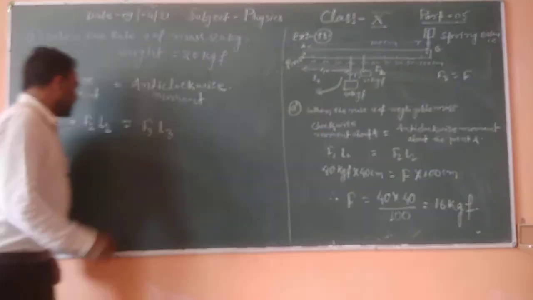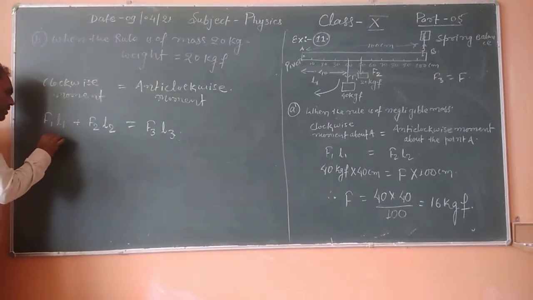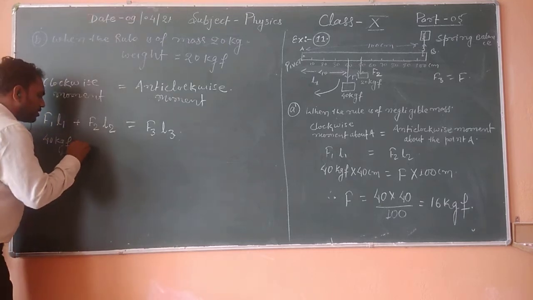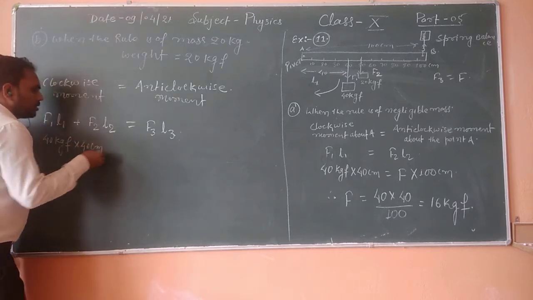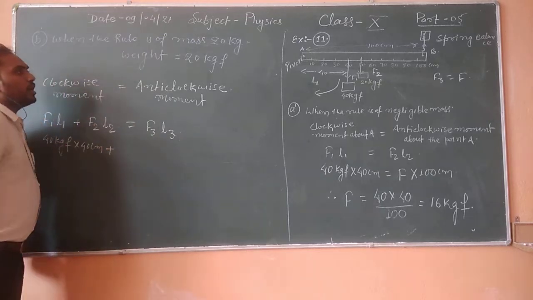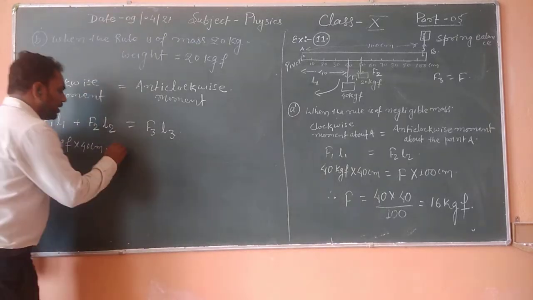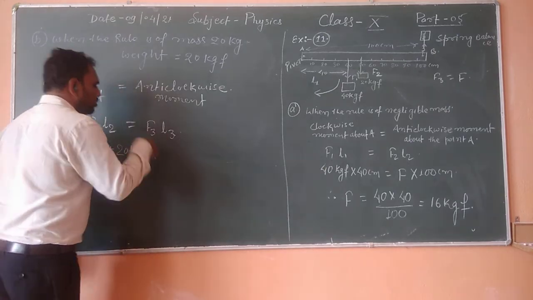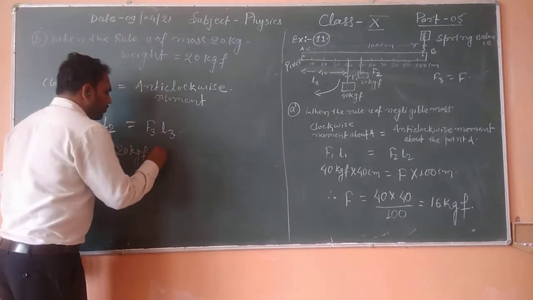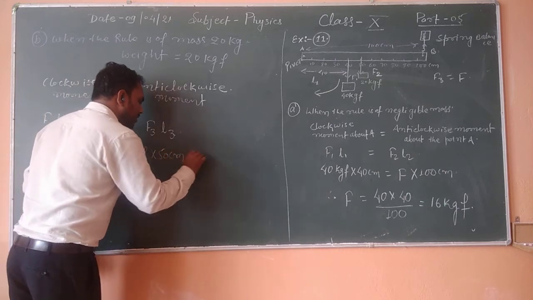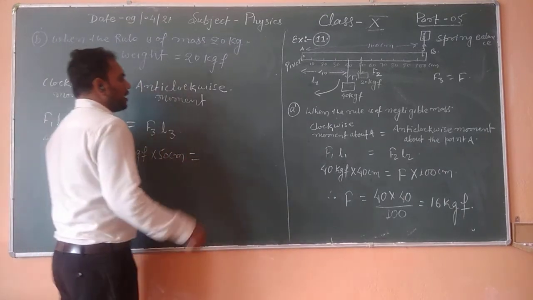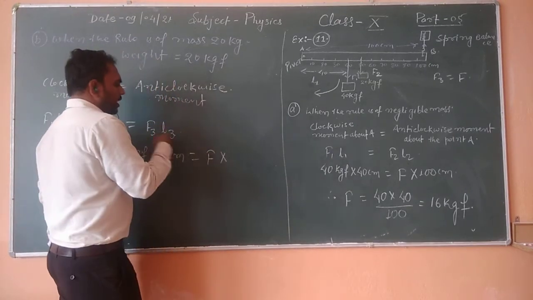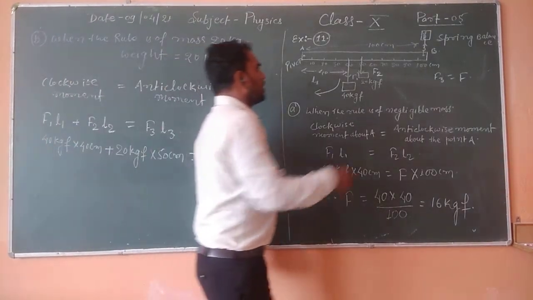So F1 we already know is 40 kg, into L1 that is 40 centimeter, plus F2, which is 20 kg, into L2 of 50 centimeter, is equal to F3, that is F, into L3 that is 100.